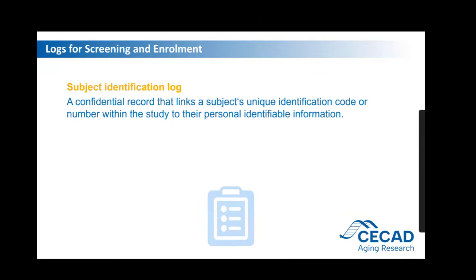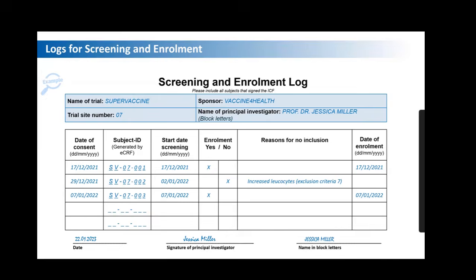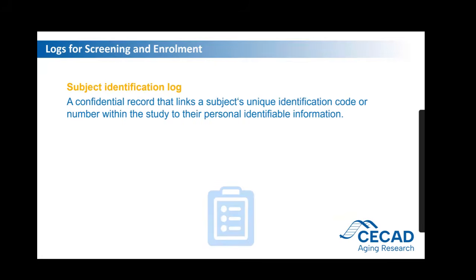And another very important log when talking about subject enrollment is the subject identification log, which is a confidential record that links a subject's unique identification code or a number within the study to their personal identifiable information. Because as you have seen previously, we just see a subject ID, no name, no birth dates, no personal information, just a subject ID.